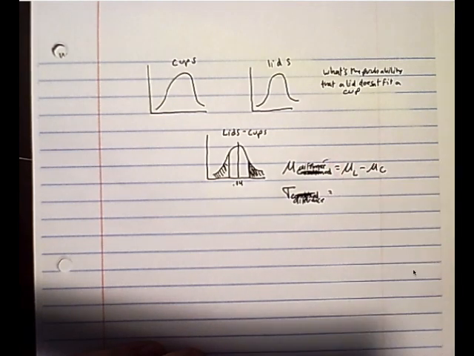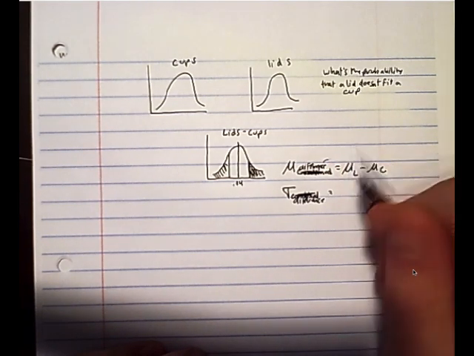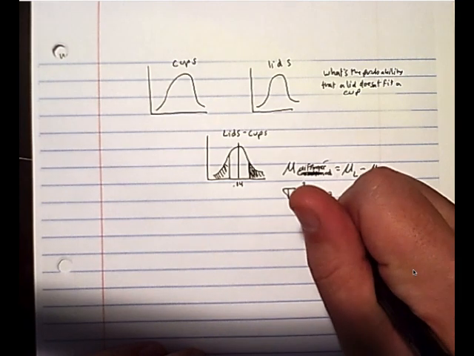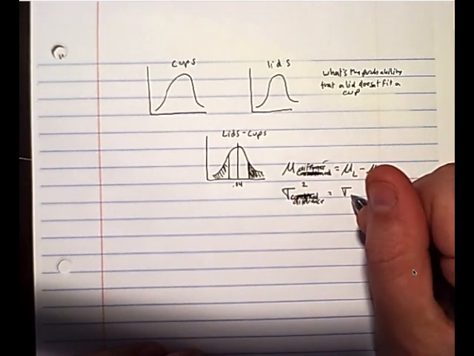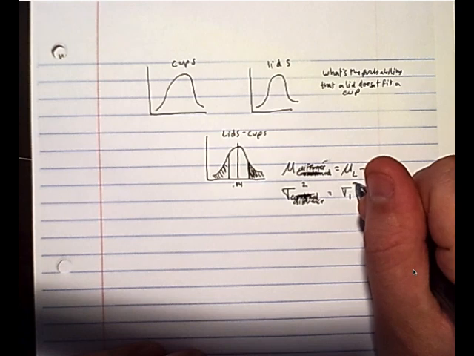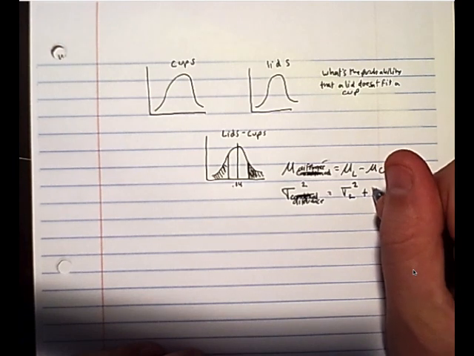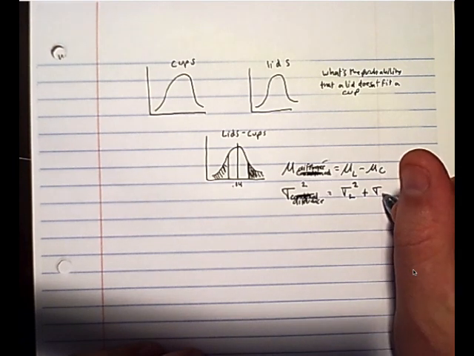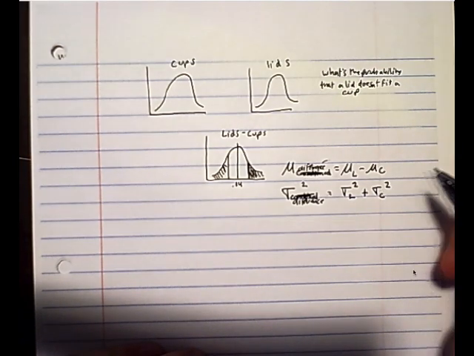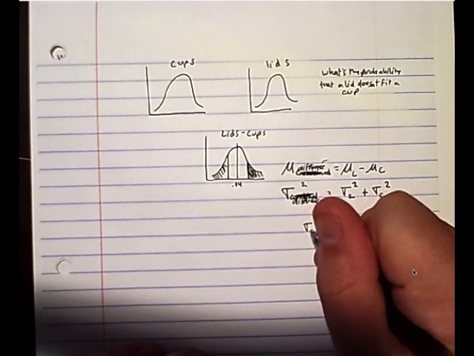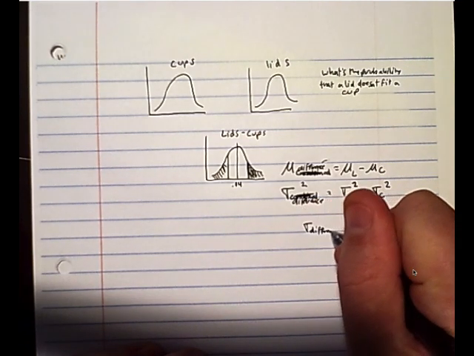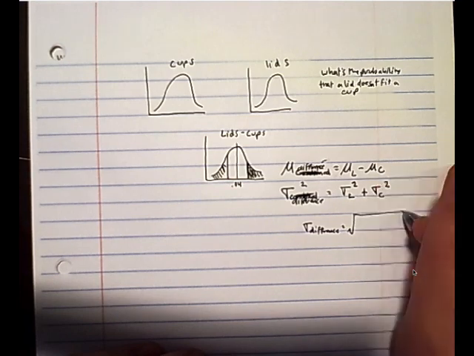We're never allowed to add the standard deviations. All we are allowed to do is add variances. So the variance of the lids plus the variance of the cups, and to get the standard deviation of the difference, we would just take the square root of that.